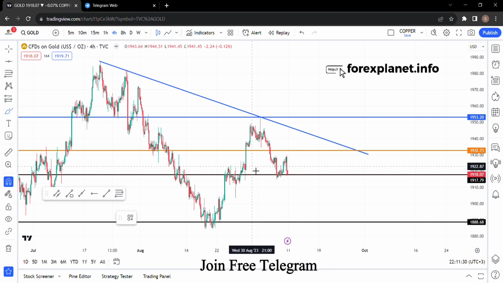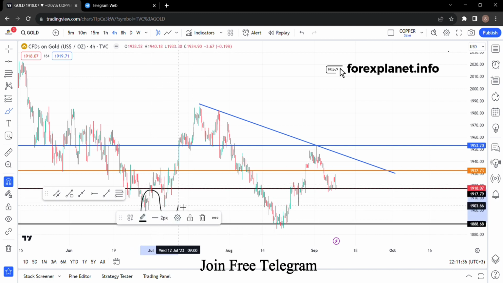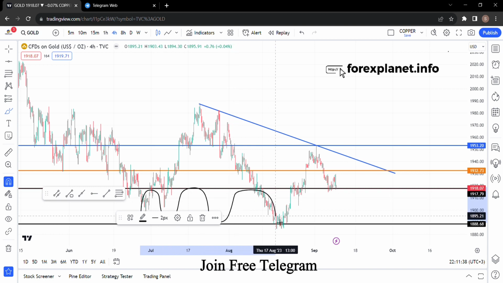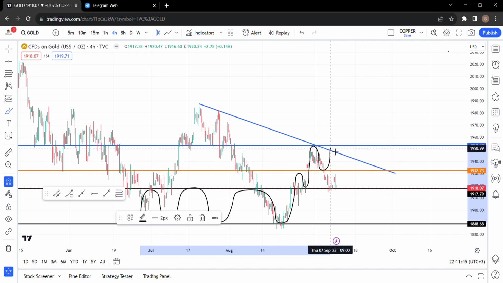So simply, the market is moving from zone to zone of gold. First the market was moving in the zone. It broke the zone, it moved in the zone, it broke the zone, and now it is moving in the zone. These areas are very important.